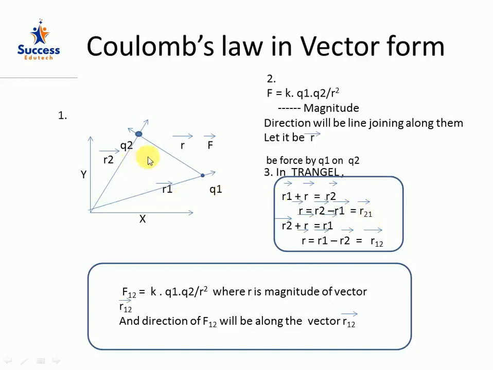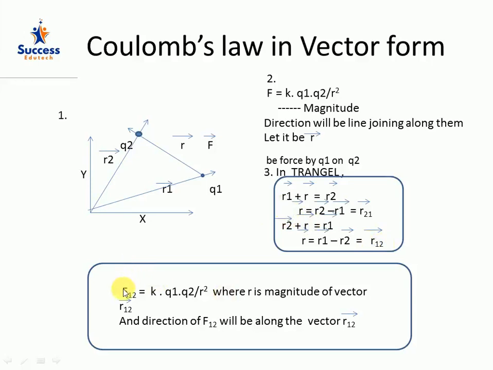Now consider the second case. If we want to travel up to Q1, there are two ways. So R2 plus r will be equal to R1. Therefore r is equal to R1 minus R2, which is equal to r12. So this is the position vector notation.